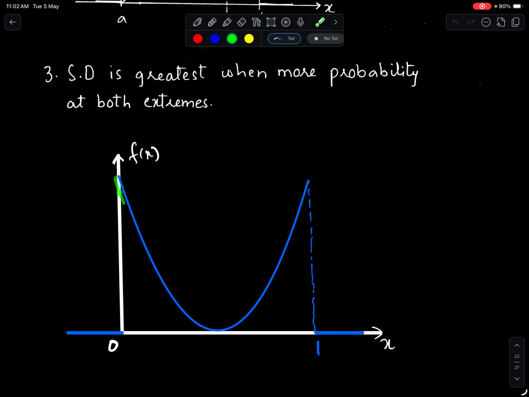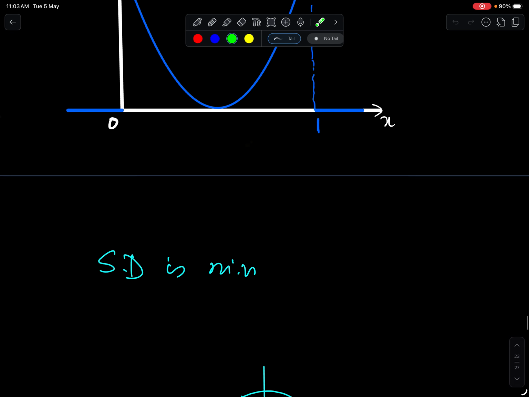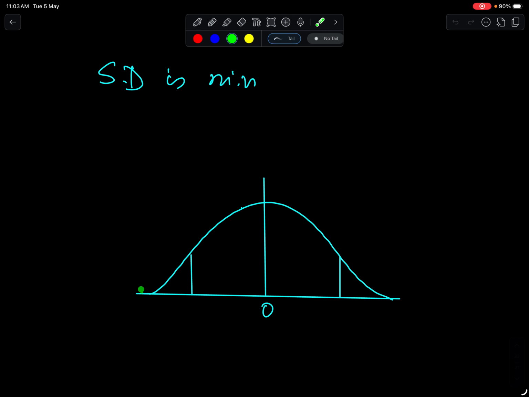In these types of curves, standard deviation is highest or greatest because of high density of observations at extreme sides, because more probability at both extremes. Here standard deviation is minimum. Why? Because density of observations is high, I mean most of the observations or a large number of observations are close to mean.